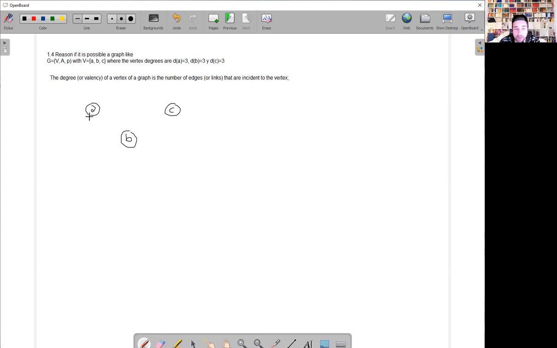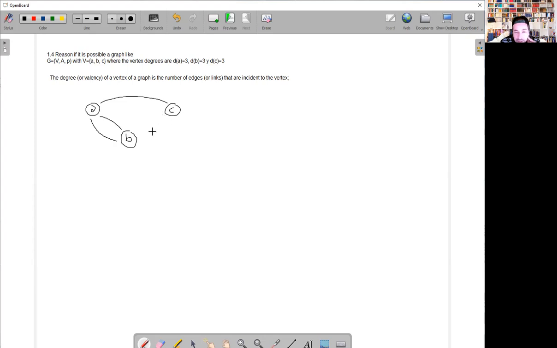If I start with A, one way to make the degree 3 is to draw 3 links that are incident on this vertex. Now I have to do the same for B and C.